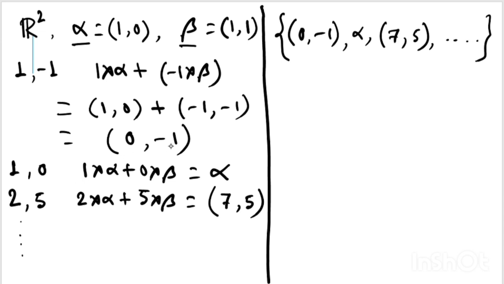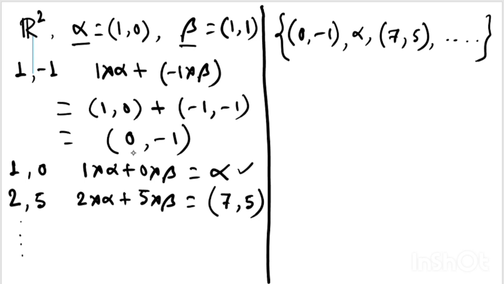Here 0 and -1 I have received by taking some combination of alpha and beta. तो अगर अल्फा और बीटा नहीं होता तो मुझे 0 एंड -1 नहीं मिलता. सिमिलरली यहाँ पे मुझे अल्फा खुद मिला है, मुझे अल्फा एंड बीटा का ही एक कॉम्बिनेशन से. देन 7 एंड 5 मुझे मिला अल्फा एंड बीटा का एक कॉम्बिनेशन से.